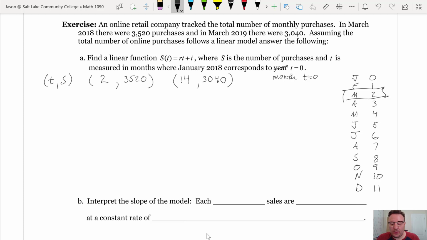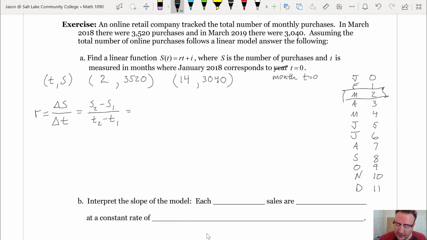Now we can compute the rate of change, or the slope of the line. They're using the symbol R in this problem, so I'll stick with that and use R. This is going to be the change in the output variable divided by the change in the input variable, or S2 minus S1 divided by T2 minus T1.